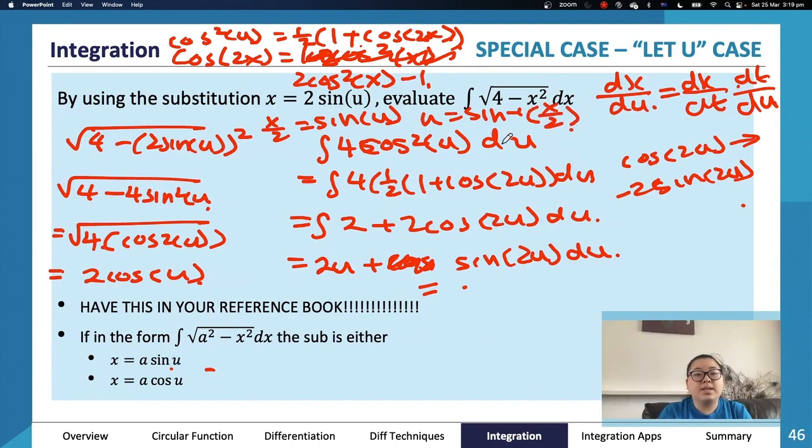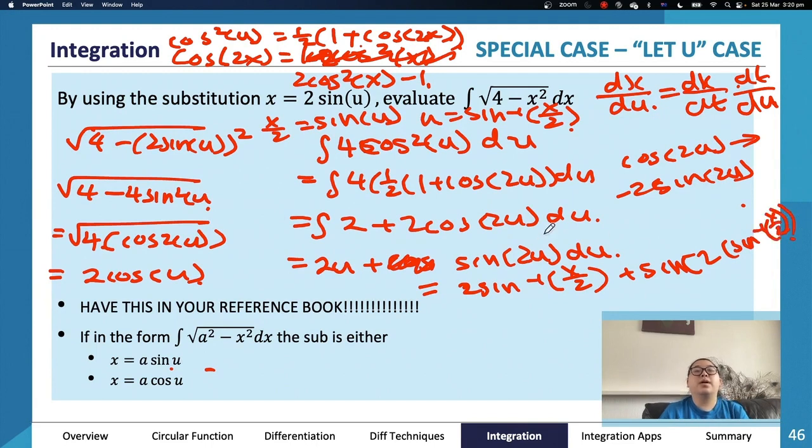So what we're going to get here is 2 sine inverse x over 2 plus sine of 2 times sine inverse x over 2. Alright, so that's what we can get from there. That's going to be our overall equation.